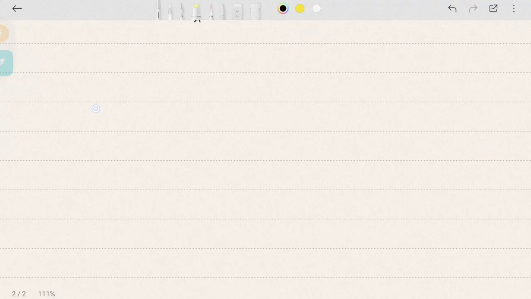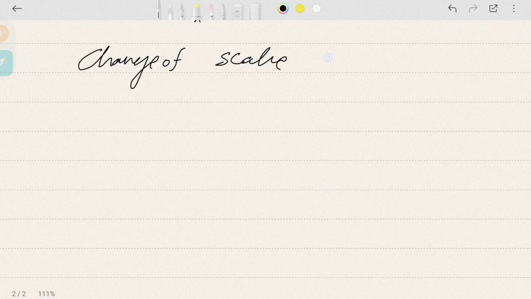So yeah, let's try to learn another thing, the change of scale. Here the period is 2 pi, but what if the period is not 2 pi but 2l? So change of scale in Fourier series.